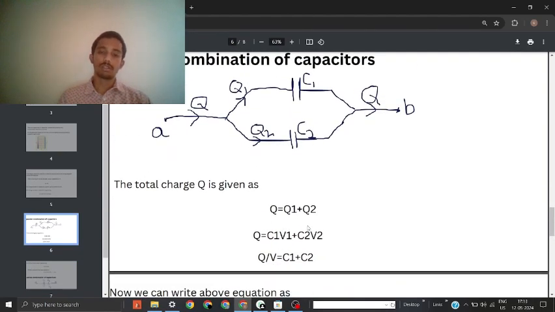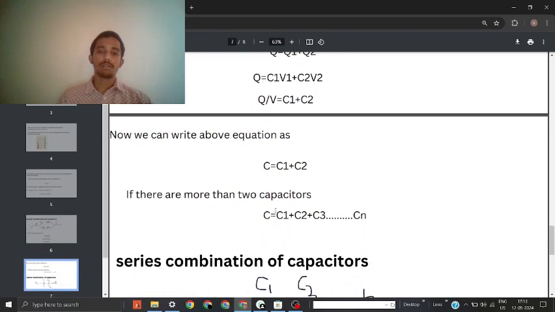Again, we have to do the same procedure, and we'll get the total sum of the capacitors. For example, if there are n capacitors with different capacitances, then C equivalent will be the sum of all the capacitances. So this is the effective capacitance when we connect capacitors in parallel.